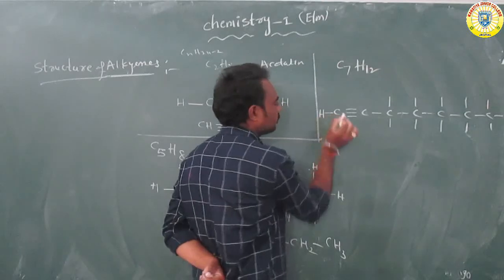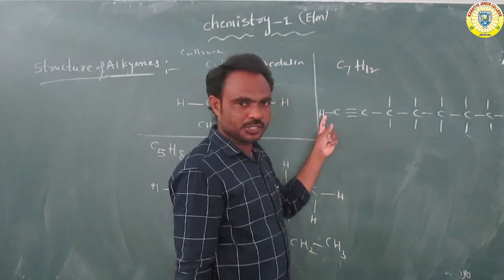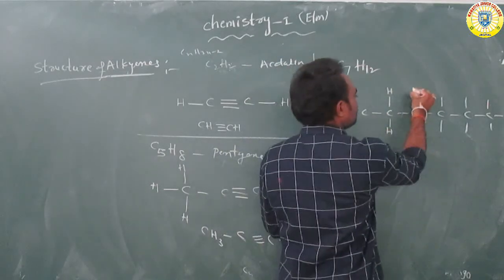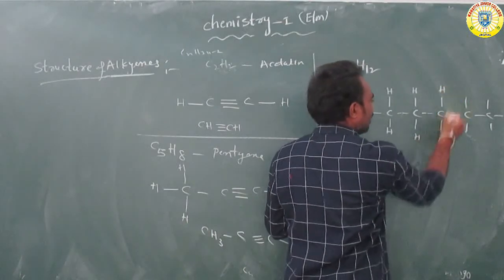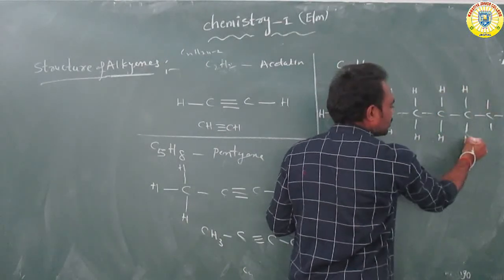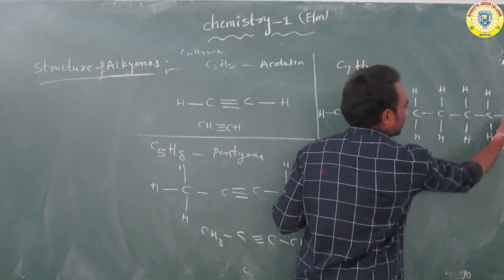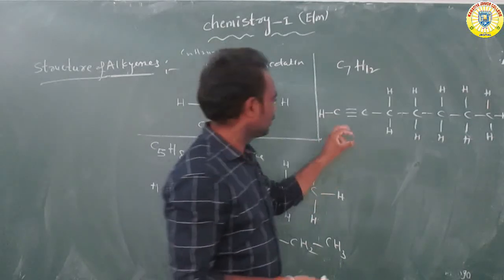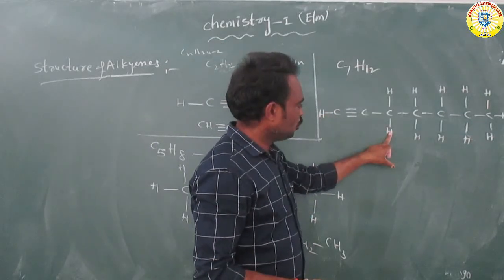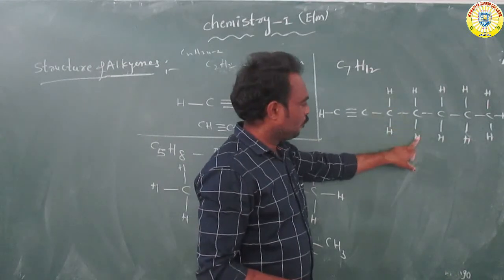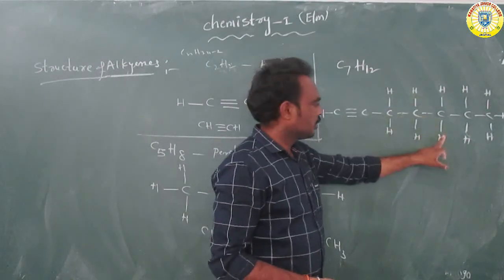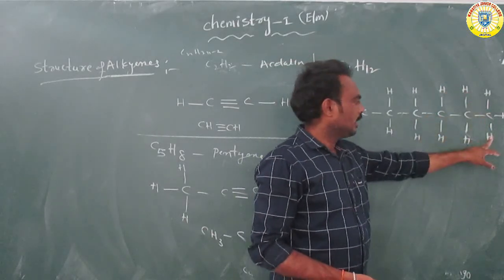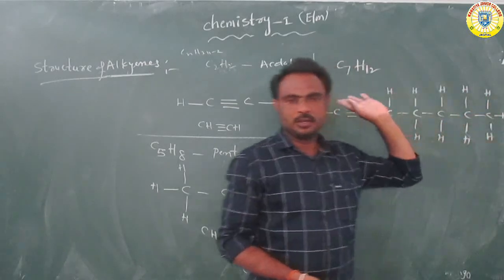Listen, bond H, bond H, and next bond H, bond H, and so on for each remaining carbon. So how many hydrogens in total? 12 hydrogens. 1, 2, 3, 4, 5, 6, 7, 8, 9, 10, 11, 12.